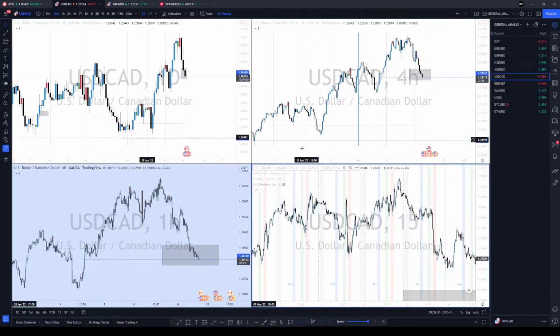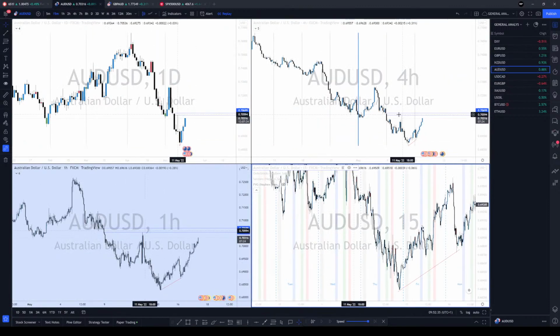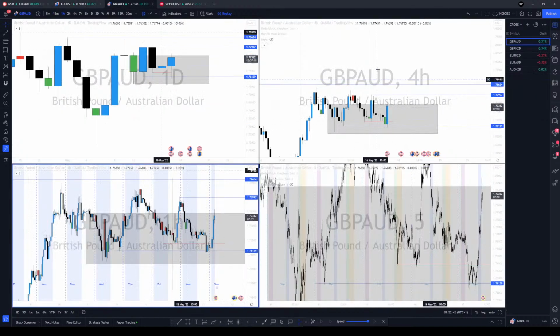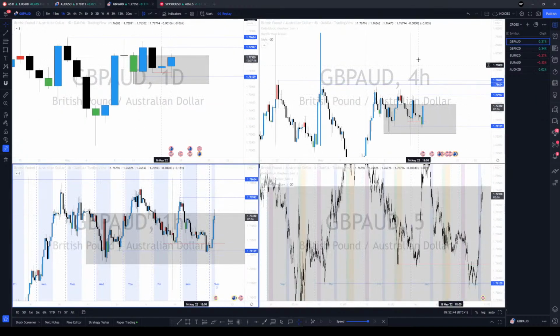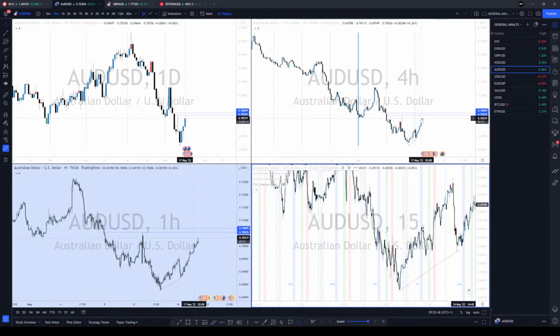So if you go back to this, right, once Aussie takes out this high and we start gaining some weakness to the downside, then I think this one will explode to the upside. Okay, but Aussie is still down here.